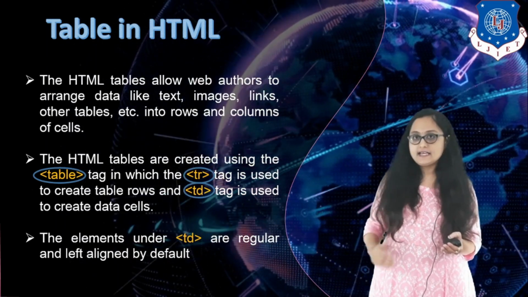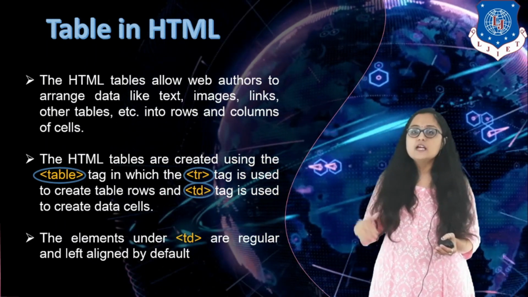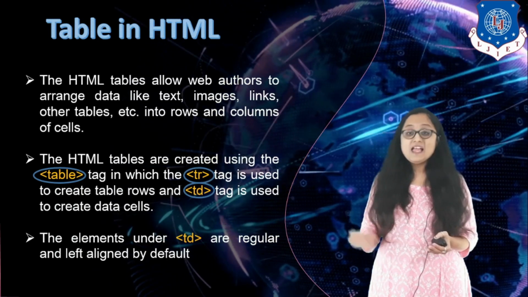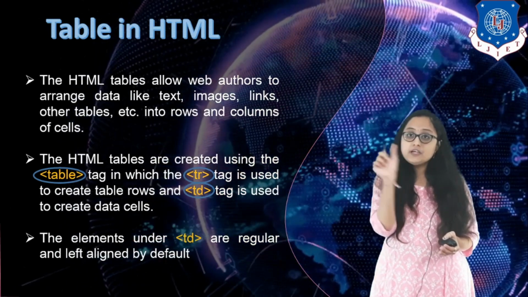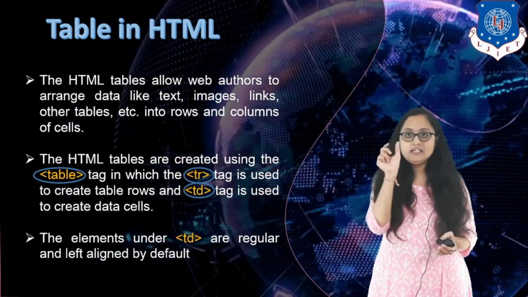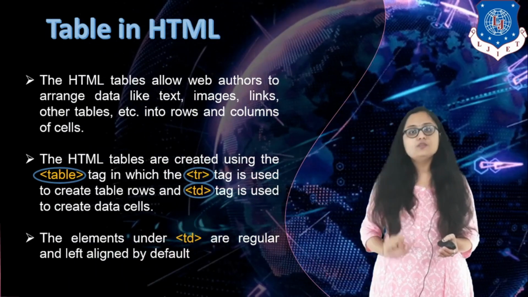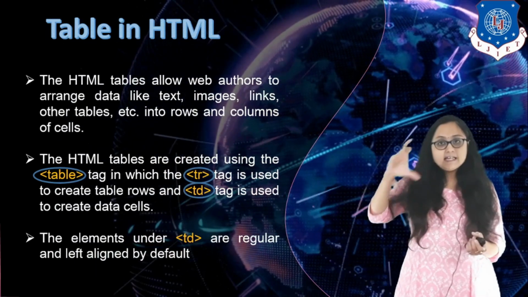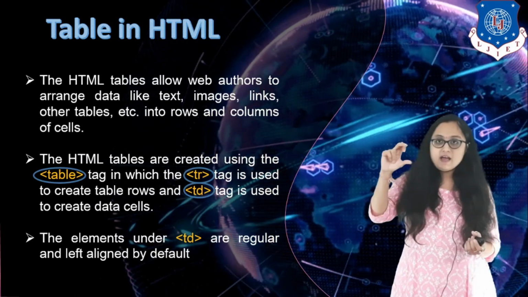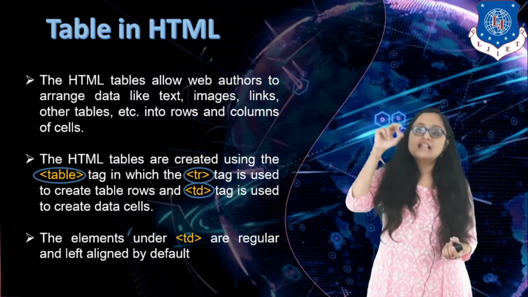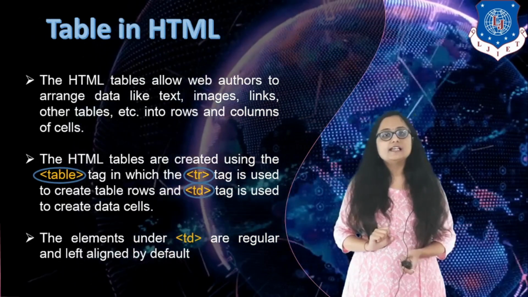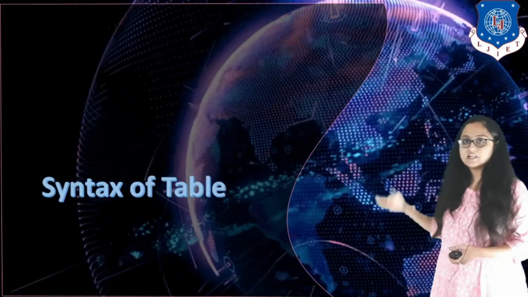The number of TR tags is equal to the number of rows that you want in your table, and per row, how much data you want, how many columns you want, you have to write in TD. So table is the parent tag, then you have the child tag TR, and inside the TR the child tag is TD, right? So this is the hierarchy of table.